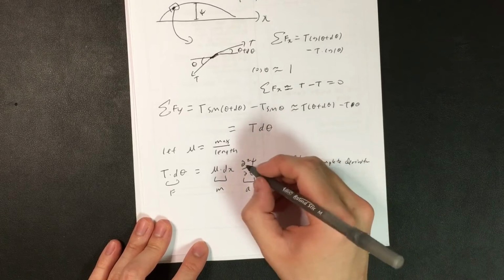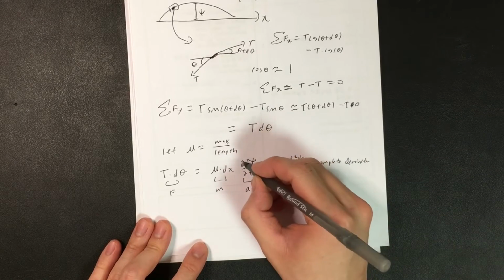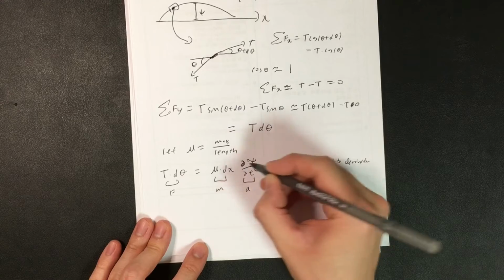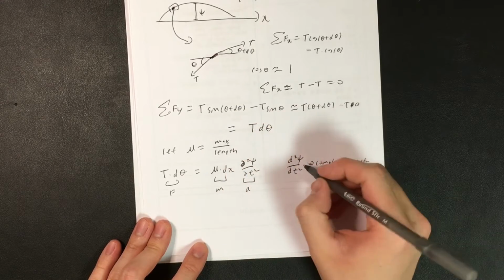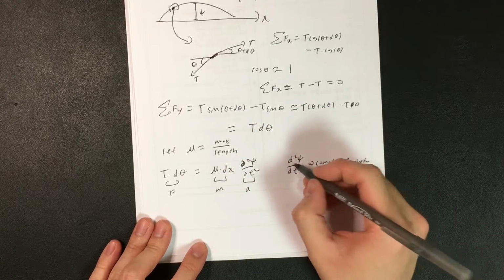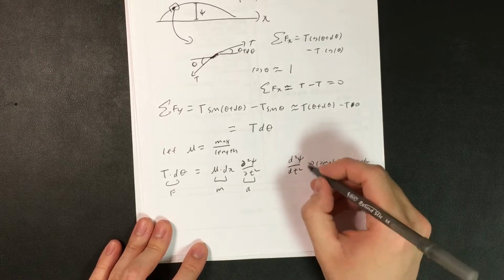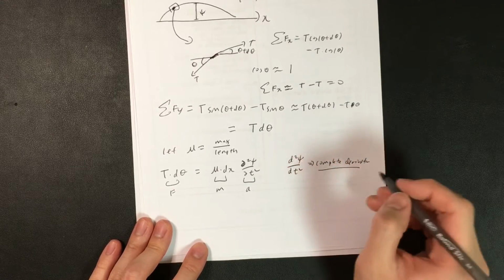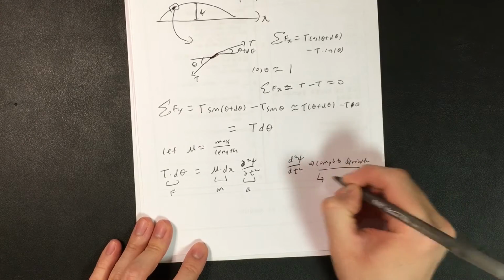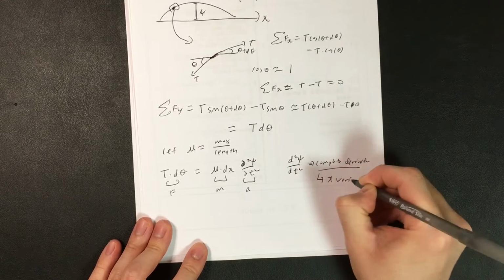Now, one thing to note is that the second time derivative of psi here has this weird derivative sign. Previously, the derivative that we're used to is called the complete derivative, and since psi is a function of both x and t, in a complete time derivative, x varies with time.